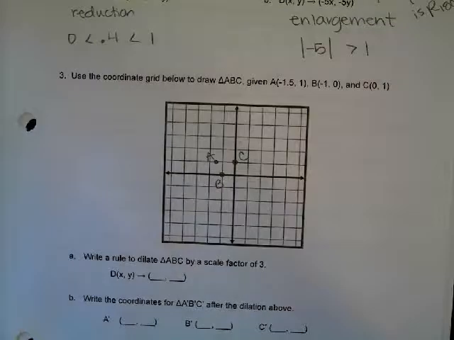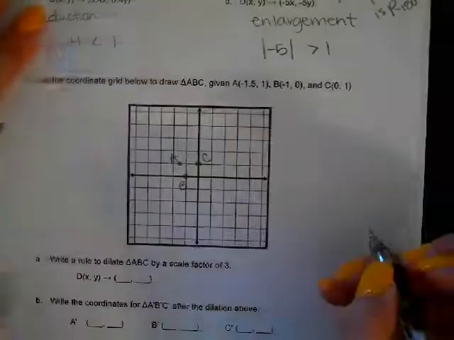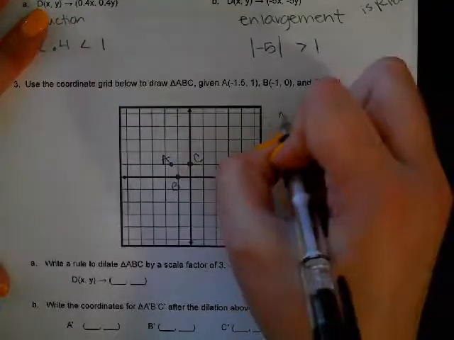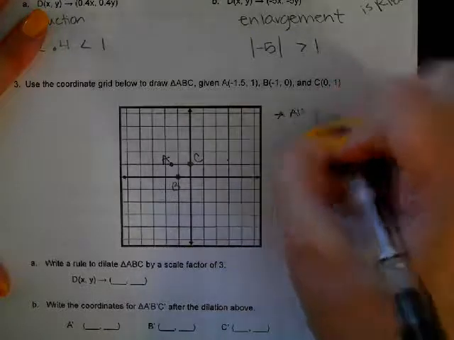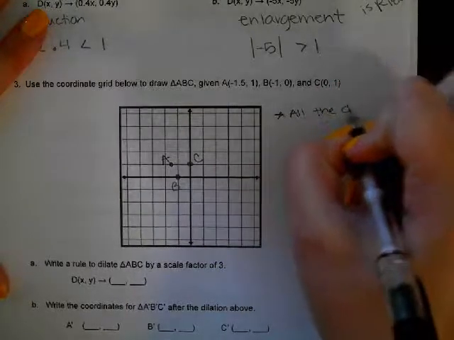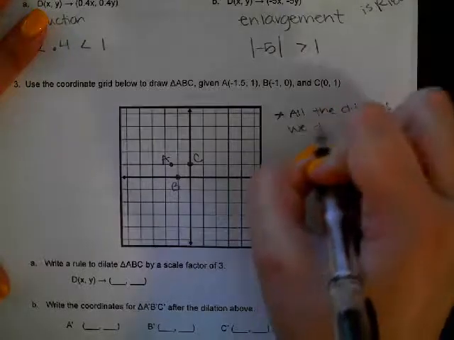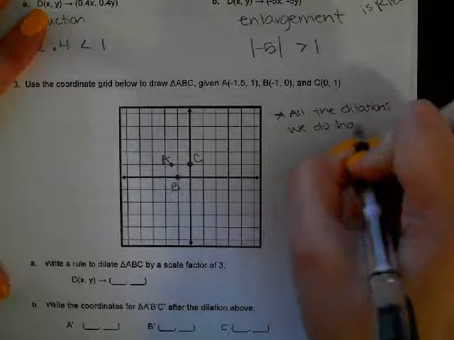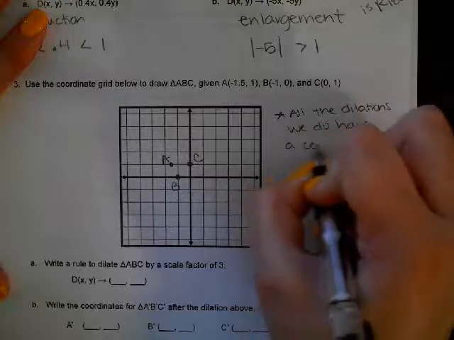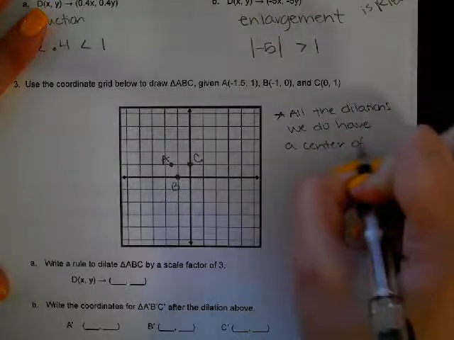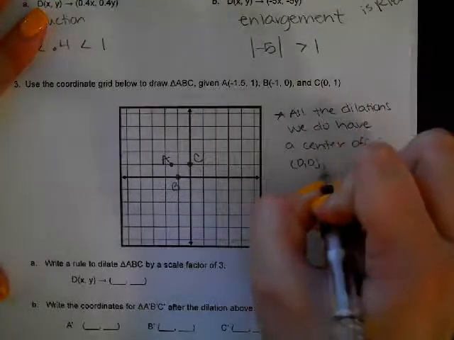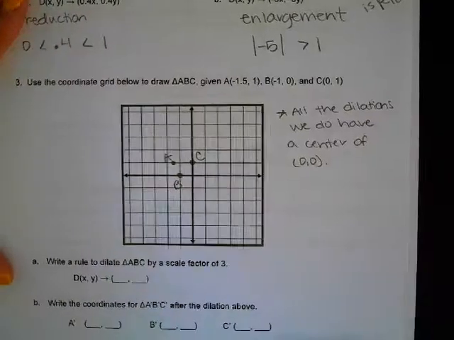Now, I'm going to put a little note to the side. All the dilations we do have a center of 0, 0. We just automatically assume that. I'm going to be honest with you, I don't even know how to do a dilation if the center is something other than 0, 0.